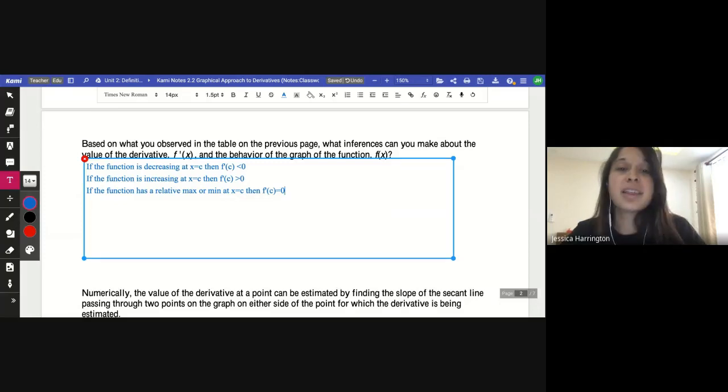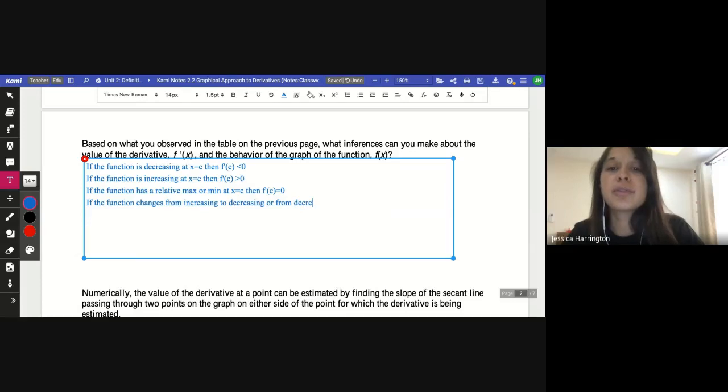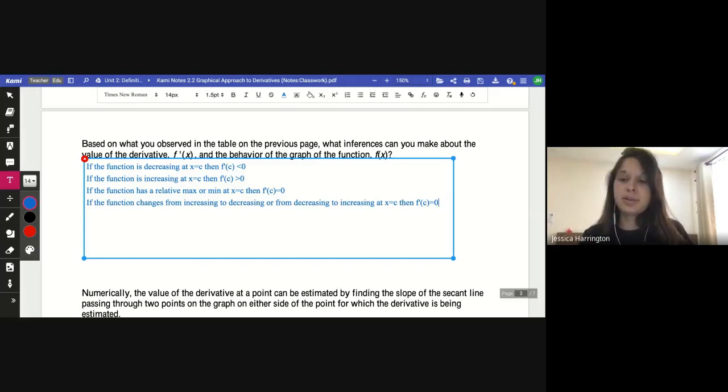Another way you could write this is that if the function changes from increasing to decreasing, or from decreasing to increasing, the other way around, then at x equals c, f prime of c is 0, which is the same as saying there's a relative min or max there. If it changes from going up to going down or going down to going up, the tangent line is going to be a horizontal line, which means the slope is 0. All right.